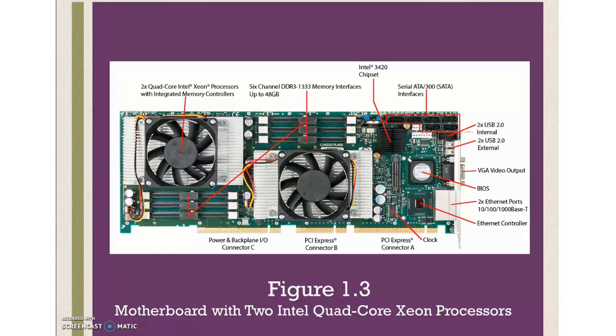It will be instructive to look at some real-world examples that illustrate the hierarchical structure of the computer. This figure is a photograph of the motherboard of a computer built around two Intel quad-core Xeon processor chips.